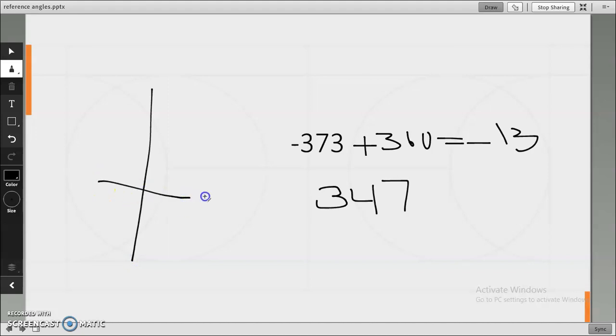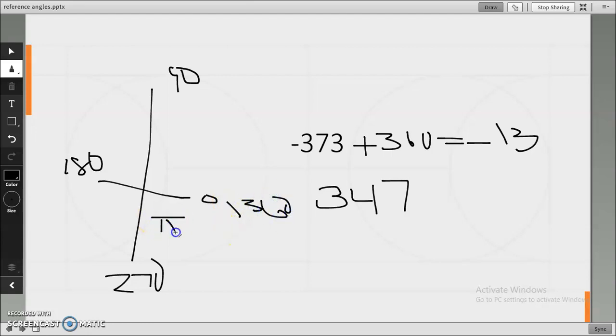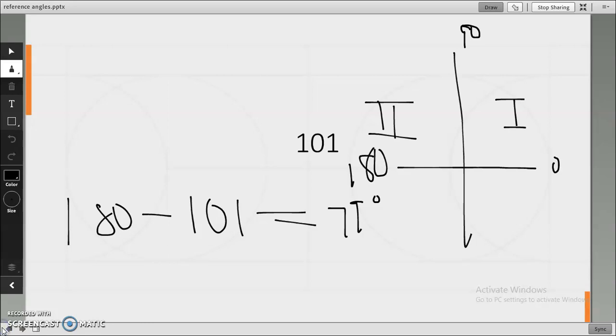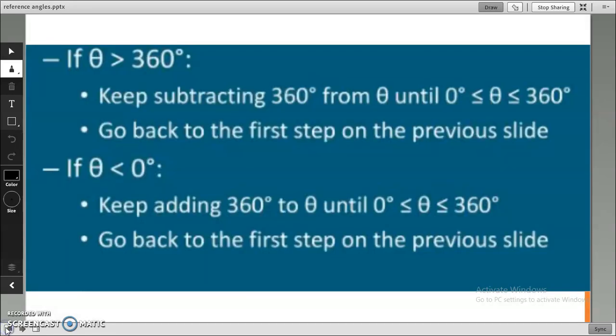We'll draw it out though. So this is 0, 90, 180, 270. So it has to be over here because this is also 360. So it has to be in quadrant 4. So when it's in quadrant 4, it's the only time we don't deal with 180.